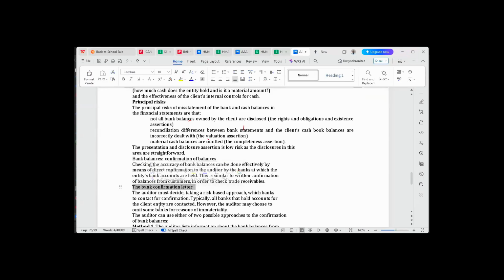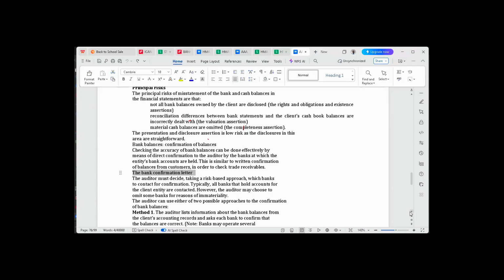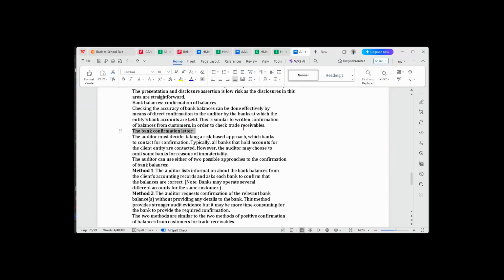Okay. The auditor will write the bank to confirm whatever balances they have, and that the balances are contained in the certified bank statement. So the auditor can use two approaches. Method one, the auditor lists information about the bank balances from the client accounting system and asks the bank to confirm that the balances are correct. That is, the auditor will go to the client accounting software or ERP, look at the balances and request the bank to confirm that these balances are correct.